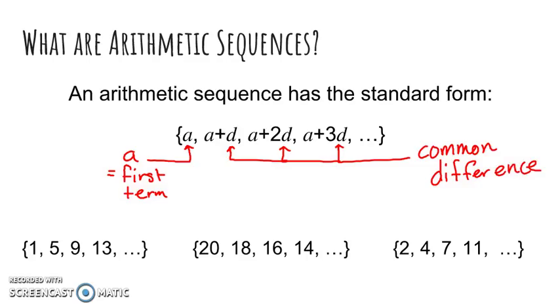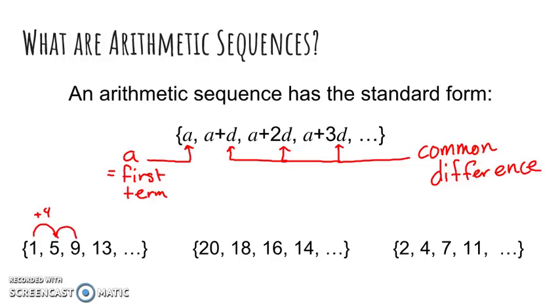Okay, now if you notice when I'm looking at my A and my D values here, they are being added together. Which means what makes something an arithmetic sequence is when you are adding the same number over and over and over again. So we have some sequences down below here. This first sequence, I go 1 to 5, I've added 4.